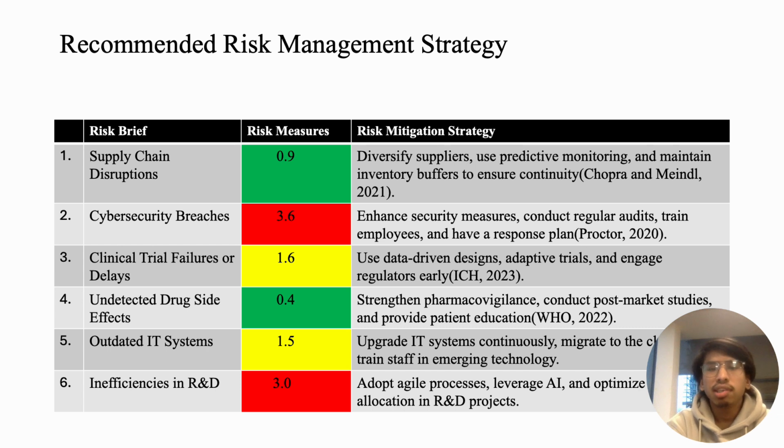For the outdated IT systems, what they can do is upgrade IT systems continuously, migrate to the cloud, and train staff in emerging technology. Always keep them updated about the news, IT technologies, and everything. For inefficiencies in R&D, adopt agile processes, leverage AI, and optimize allocation in R&D projects, which can help them to minimize the risks.